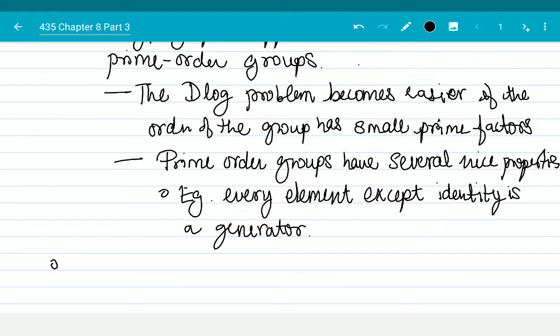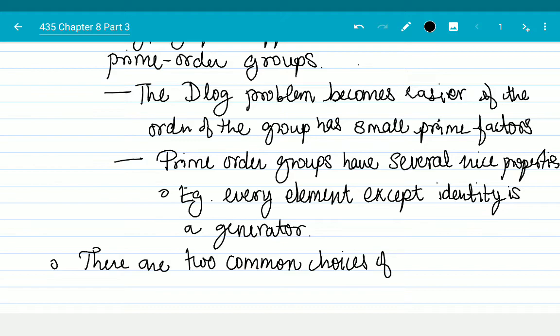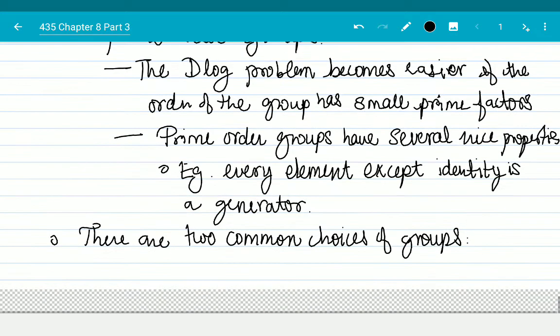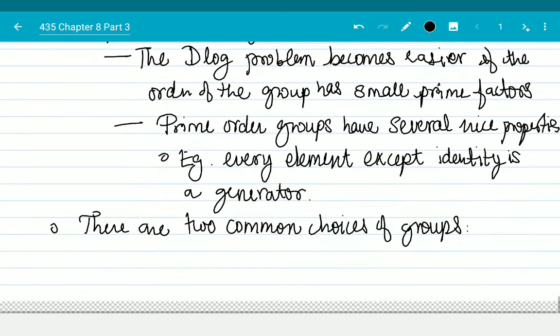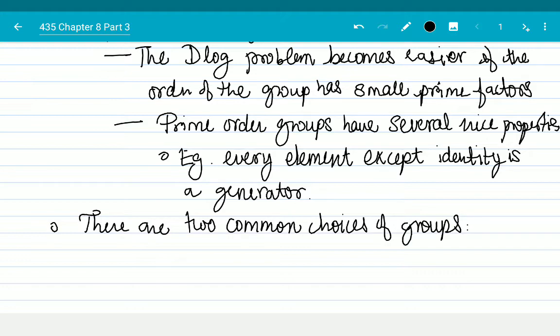Okay. So there are two common choices of groups. Choice one.